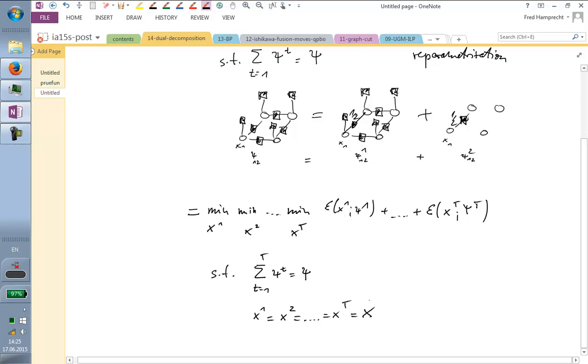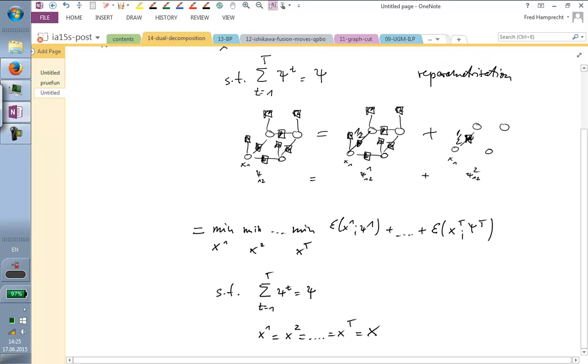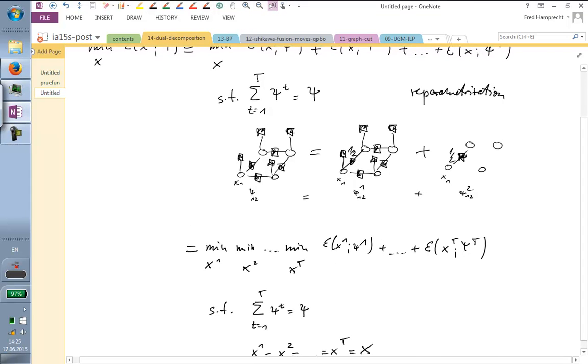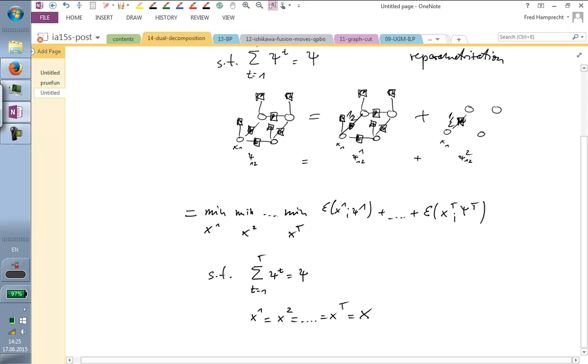All these labelings must agree. And if I impose this condition, I can introduce an extra set of labels for each of my new subproblems. But this is still a perfectly equivalent optimization problem.